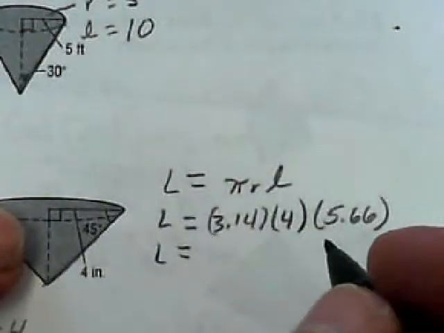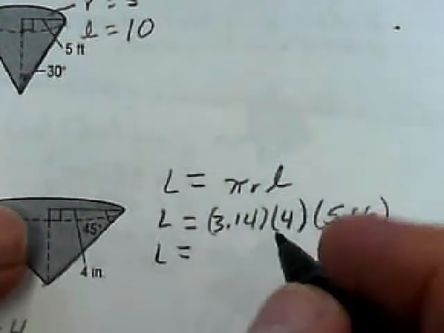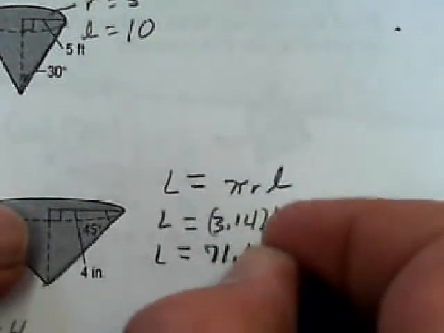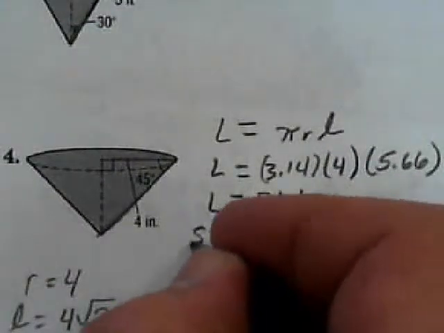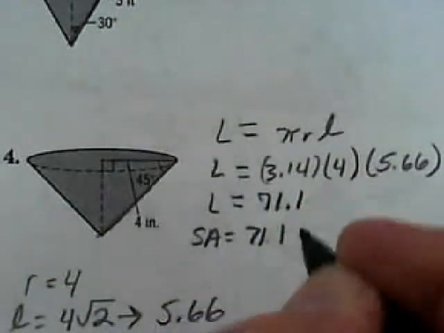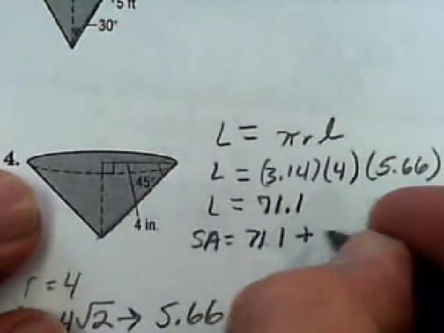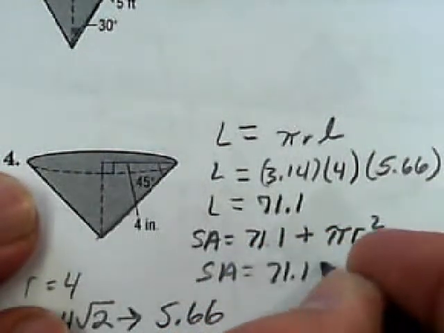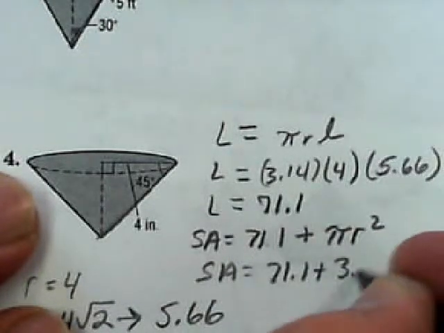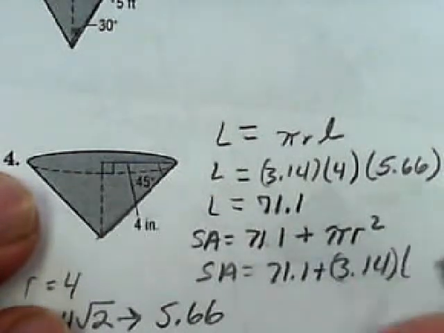To find the total surface area, I'm going to take the 71.1 plus pi r squared. So pi times 4 times 4, 3.14 times 4 squared.